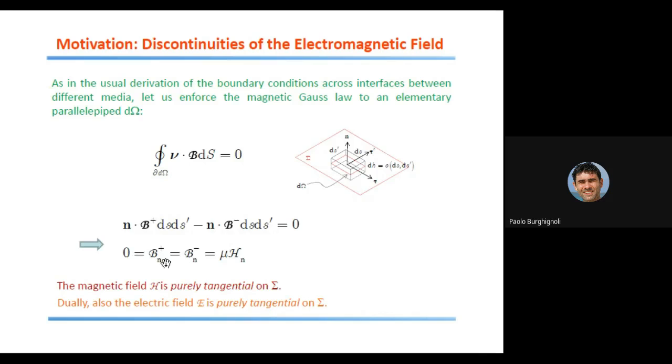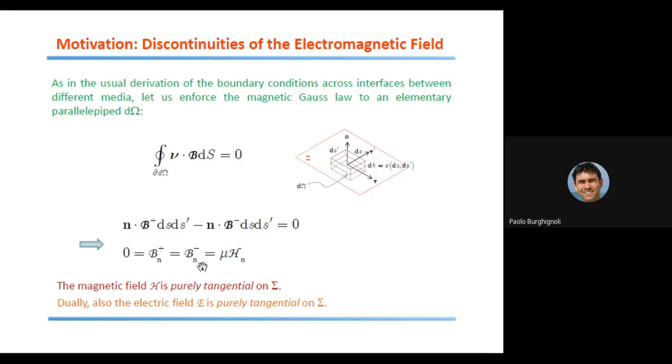However, since by assumption on the positive side everything was zero, the electromagnetic field was identically zero, we end up drawing the conclusion that the normal component of the magnetic induction B must be zero also on the negative side.